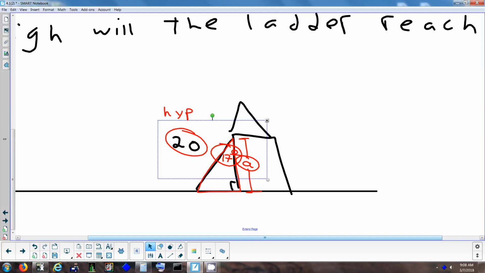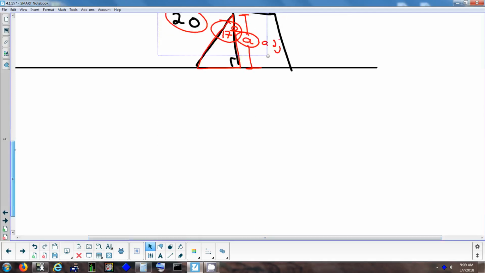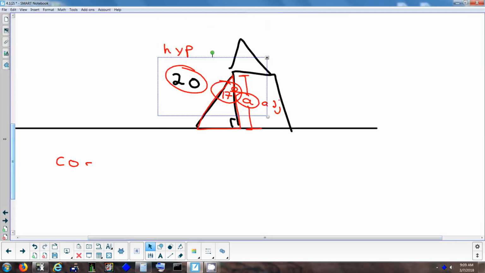Adjacent, good. Hypotenuse, adjacent. Which trig function has those two? Cosine.